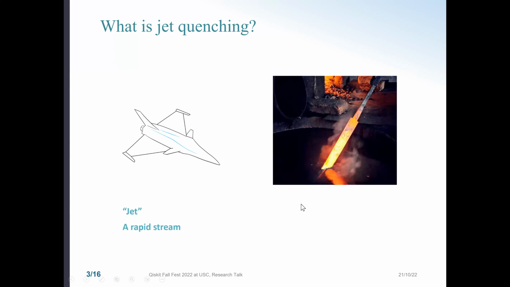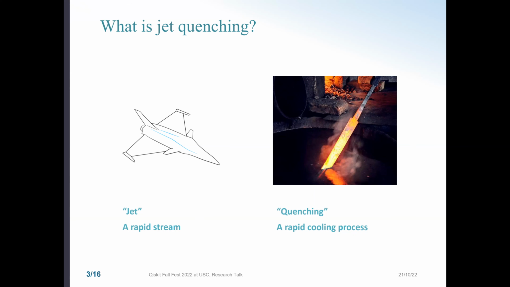And you might also know what quenching means. This is in the process of forging a sword. When you forge a sword, you heat the metal to a very high temperature, and all of a sudden you put it into cold water. So quenching means a rapid cooling process where a hot object loses energy.